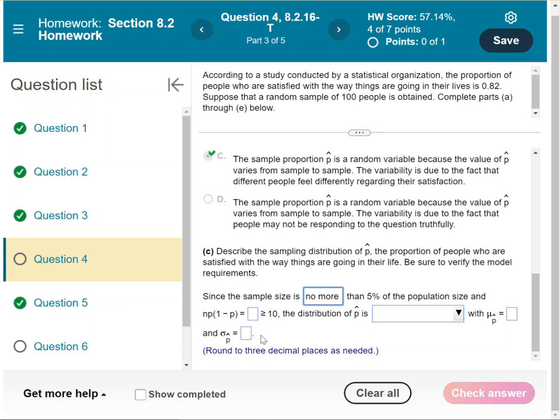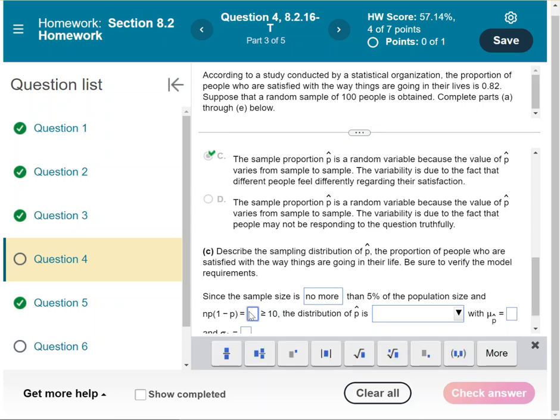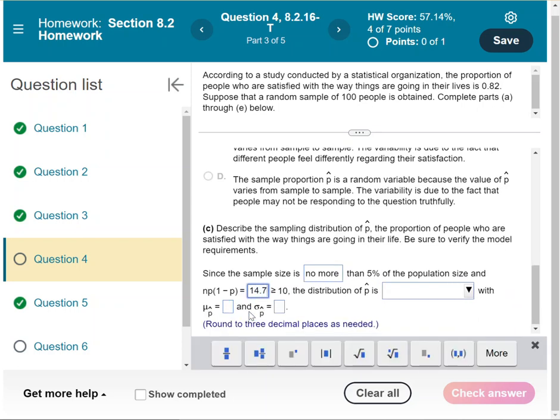And we want that product, 100 times 0.82 times 0.18, to be greater or equal to 10. So 100 times 0.82 times 0.18, and I'm getting 14.76, so it's not a lot bigger, but it is bigger.